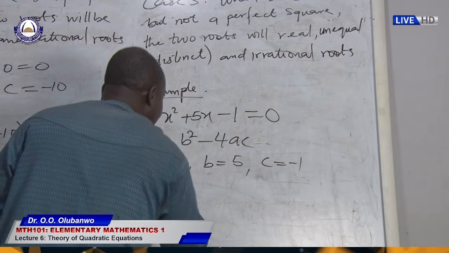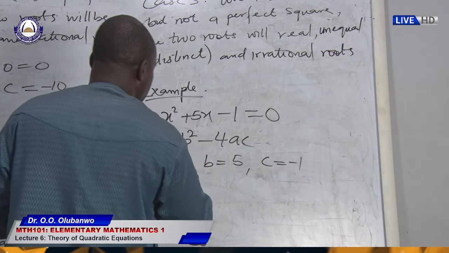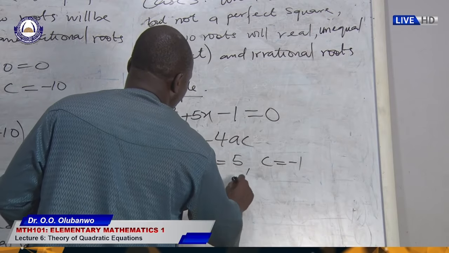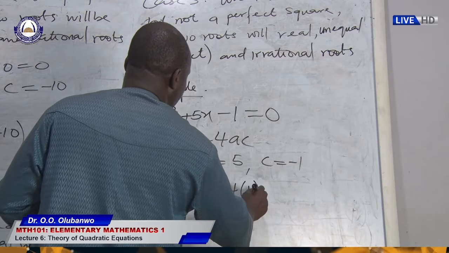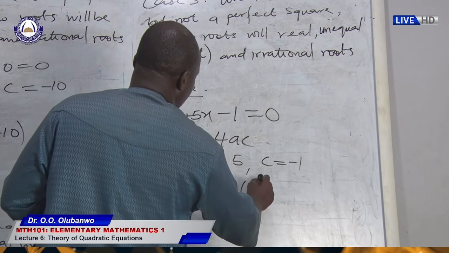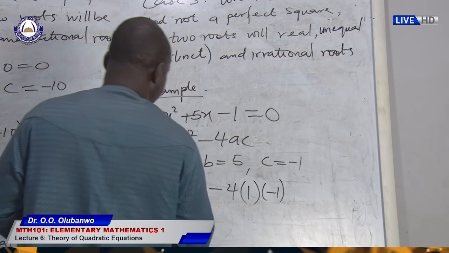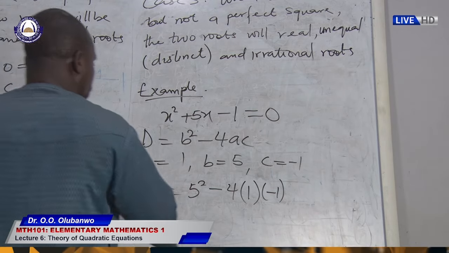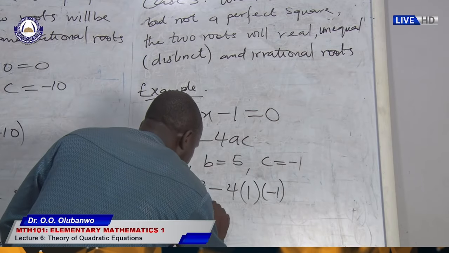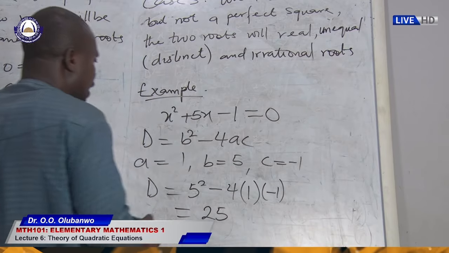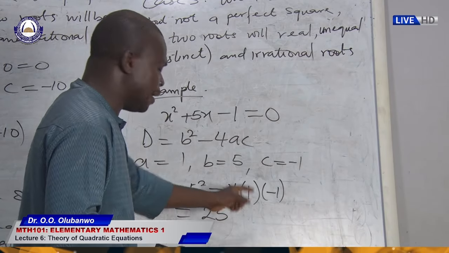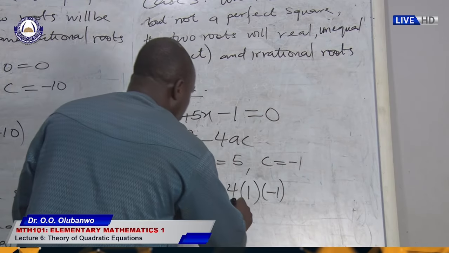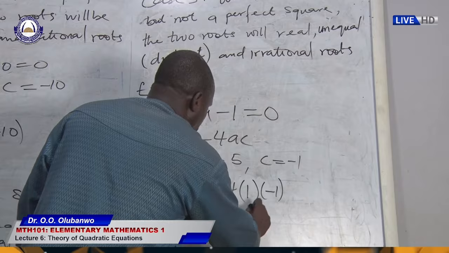Our d will be 5 squared minus 4 into bracket 1 into bracket negative 1. So this will be 5 squared is 25. Negative 4 times 1, that's negative 4. Negative 4 times negative 1 gives us plus 4. This is 29.